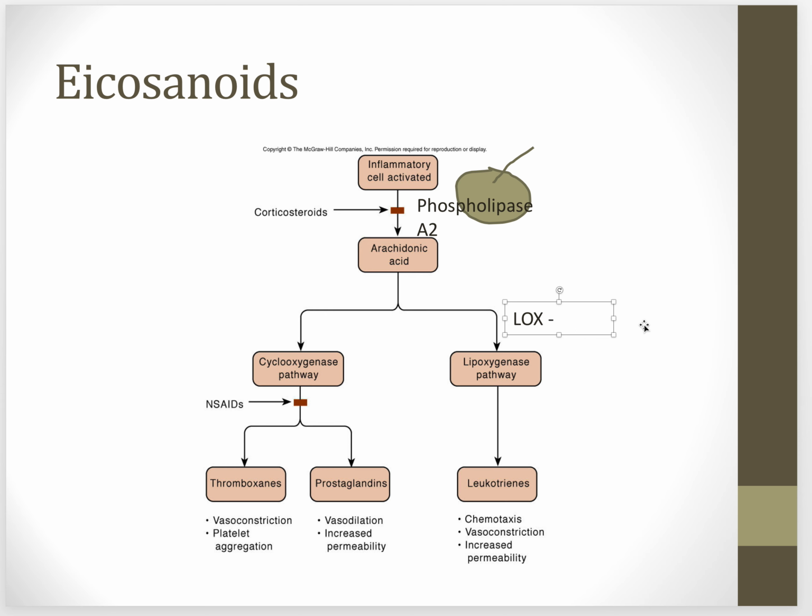LOX enzymes are really high in the respiratory tract, very high in the respiratory tract. What that means is that when people take things like leukotriene inhibitors, an example of that would be Singulair. You may have heard of that before, Singulair, and the generic name for that is montelukast sodium.